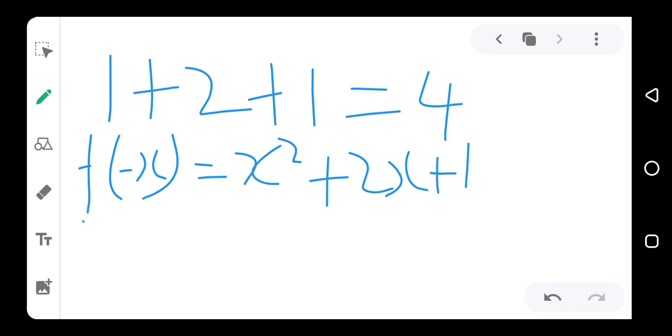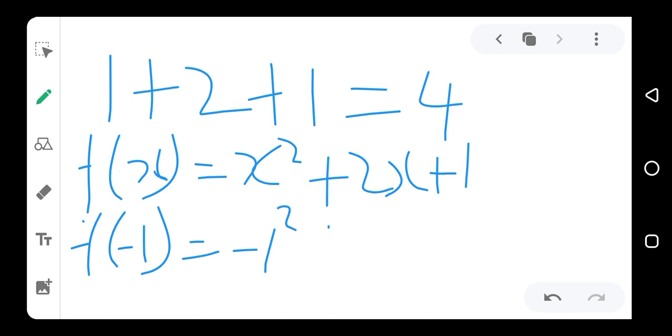Now for minus 1, it becomes, let's use minus 1, minus 1 squared plus 2 brackets minus 1 plus 1.